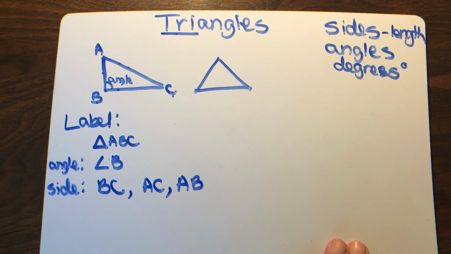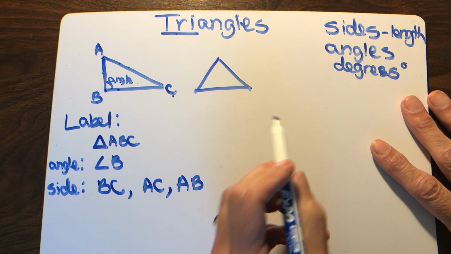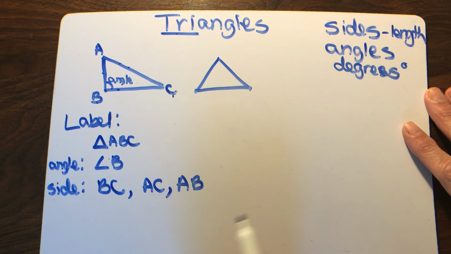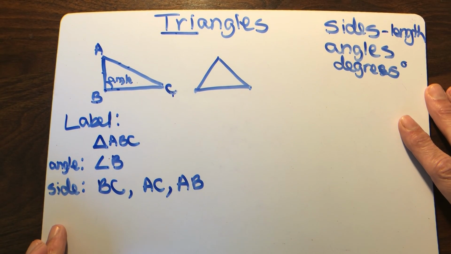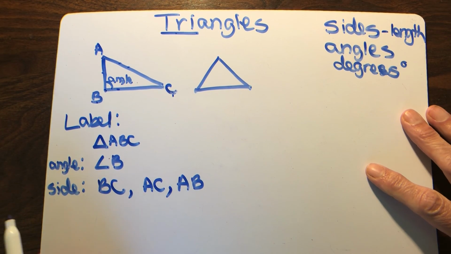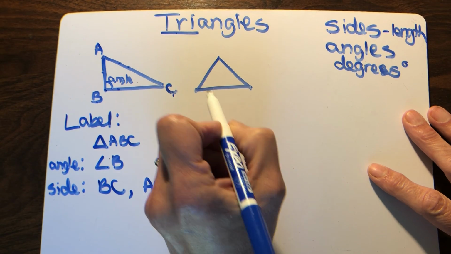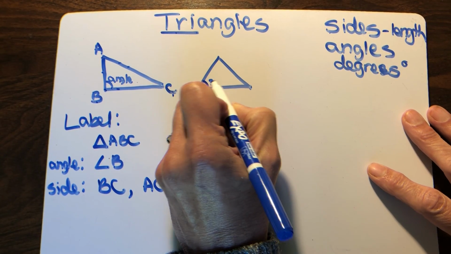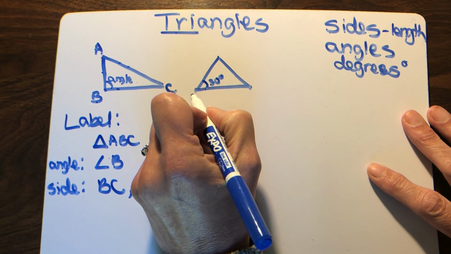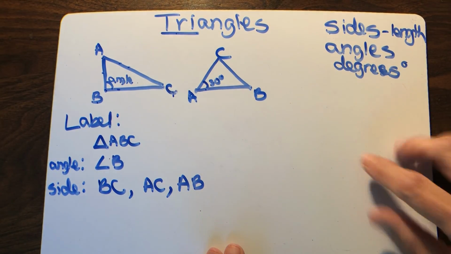Now, one thing I need for you to understand as we start to move forward is opposite angles. So opposite angles are very important when we get into similar figures and things like that. So let's just label this triangle here with some numbers. So let's say you've got 30 degrees here, and we'll call this ABC again, all right?